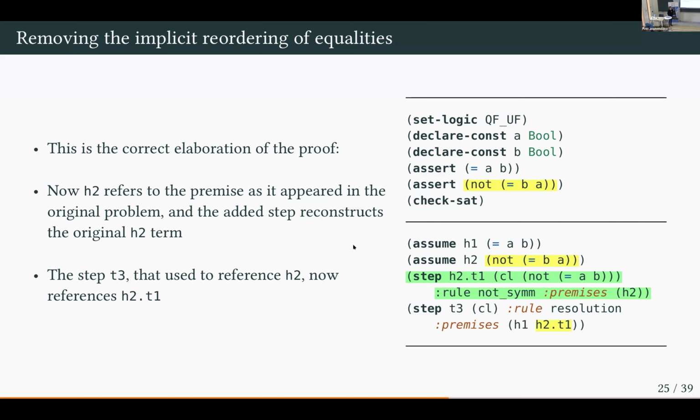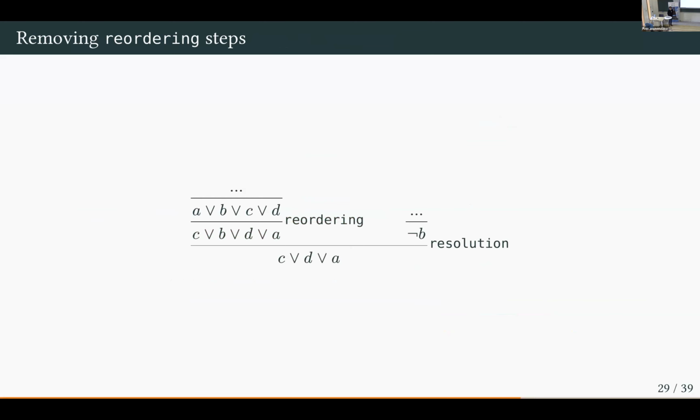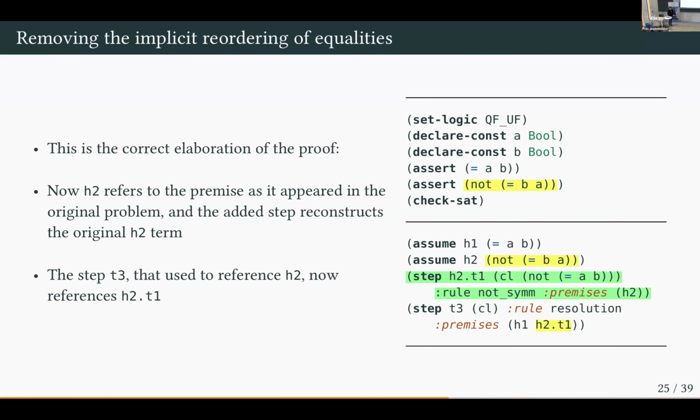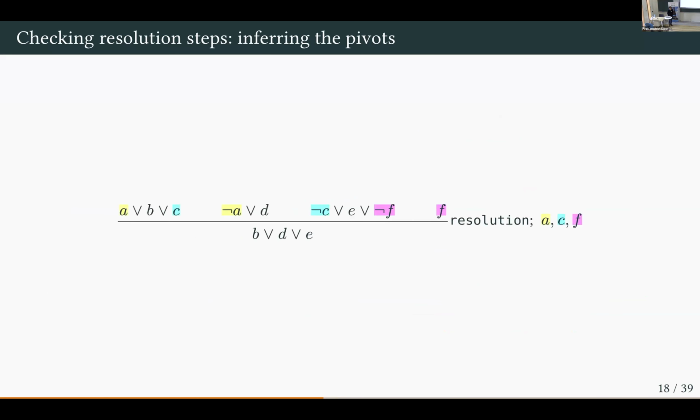Yes, Pascal. A question about resolution. So you said that resolution was difficult to check. I guess, because in Verity, when we introduced that resolution rule, it was clear in my mind that at least the clauses would be in order, right?